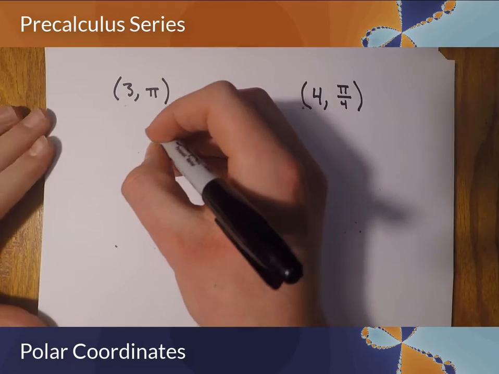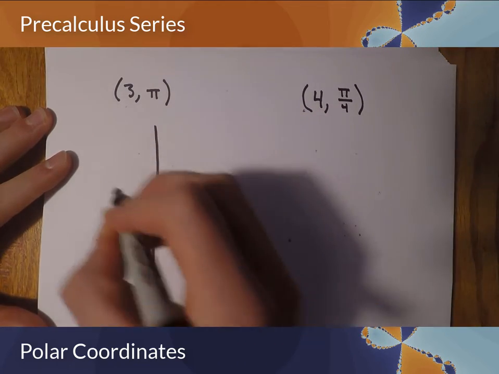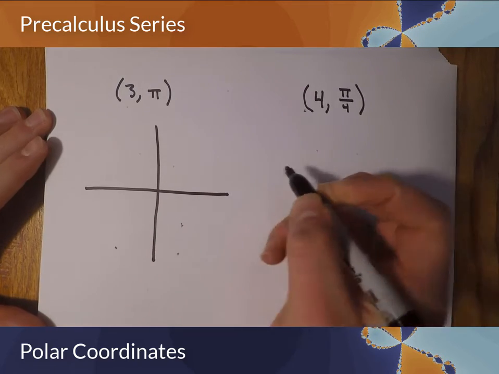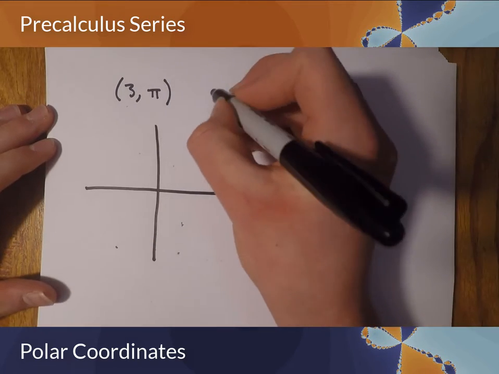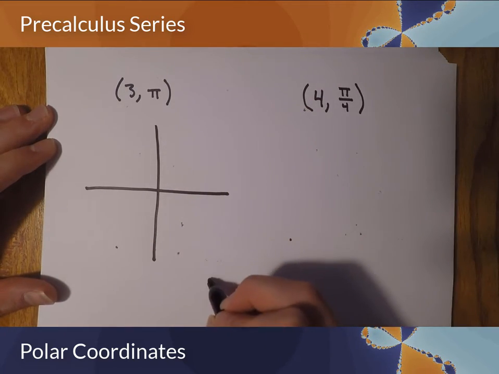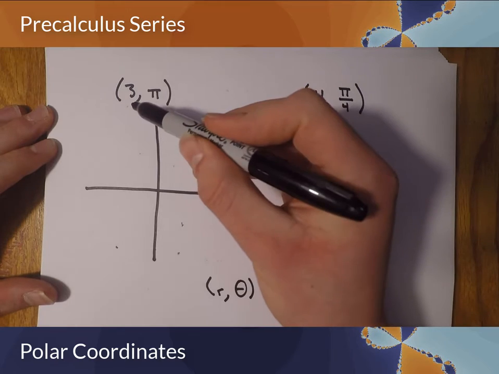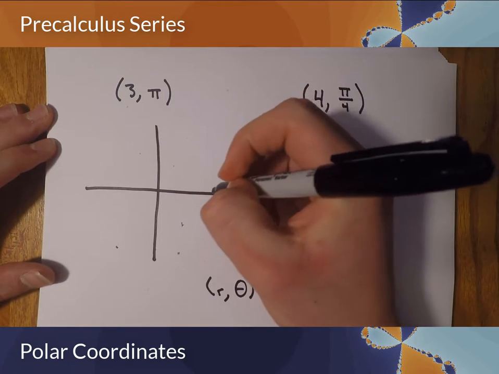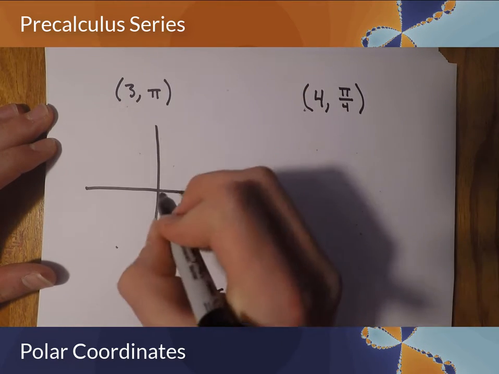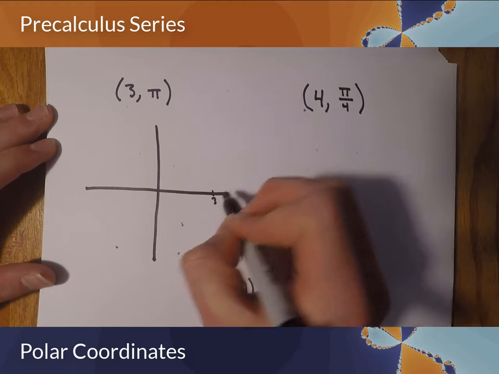Alright, so for 3, pi, I'm going to draw these axes here. And remember that with polar coordinates, it's radius, theta. So first what I need to do is I need to have a radius of 3. So if I had a circle going around, I go 3 out.